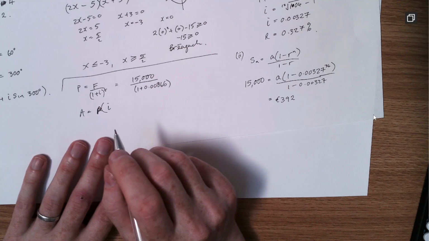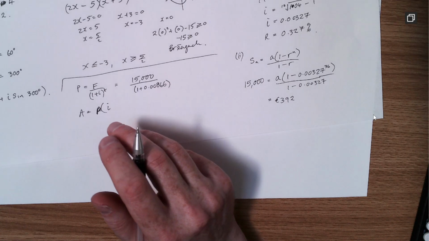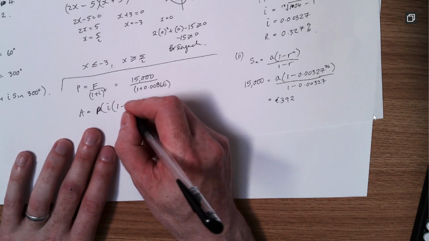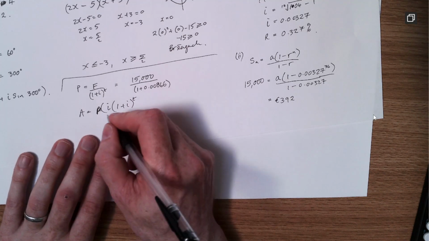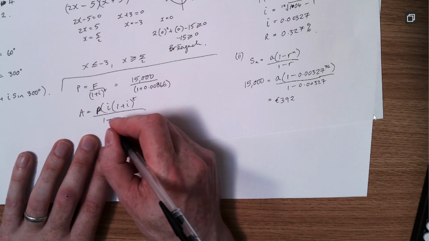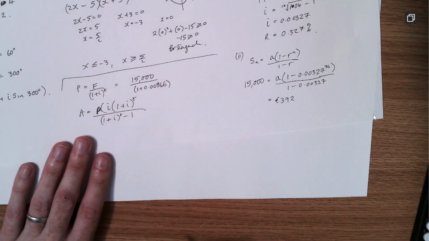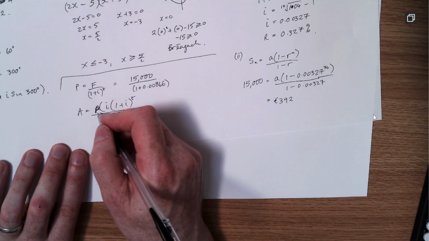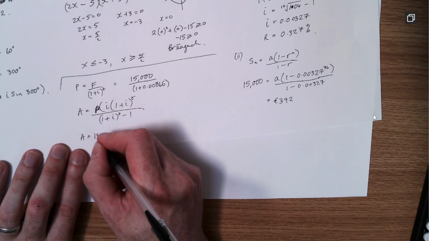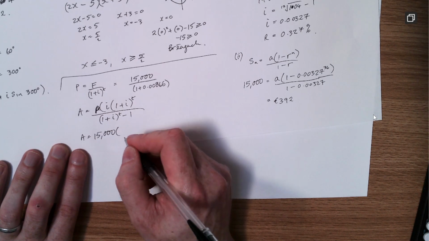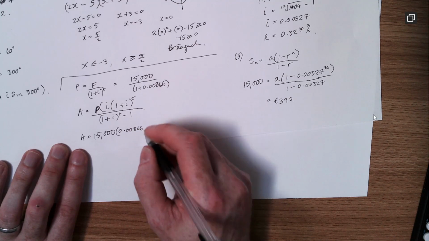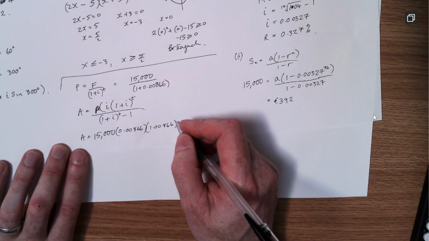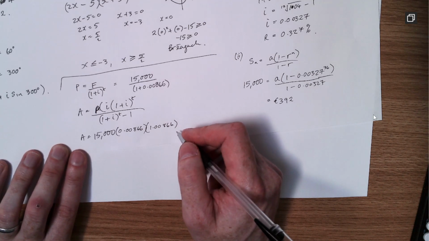P times i times (1 plus i) to the power of t, over (1 plus i) to the power of t minus 1. The principal was 15,000, and i is 0.00866, so 1.00866 to the power of t, with 36 equal repayments.